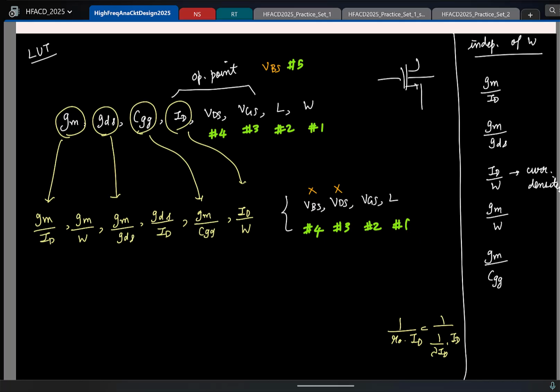But I have to warn that if you ignore VDS and VBS, the lookup table will not be exhaustive and correct. So you might incur some error. If you use this lookup table to design, the final result you get will be slightly off from the ideal value. But again, for simplicity, you can maybe ignore these two.